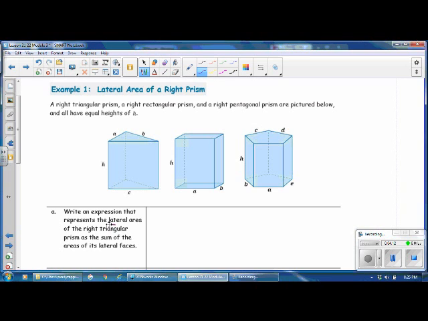We want to describe the lateral area. So let's go first over what the lateral area is. The lateral area is made up of the rectangular faces, and this excludes the bases.